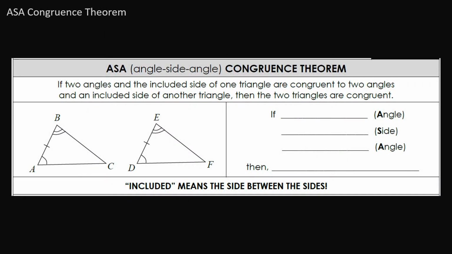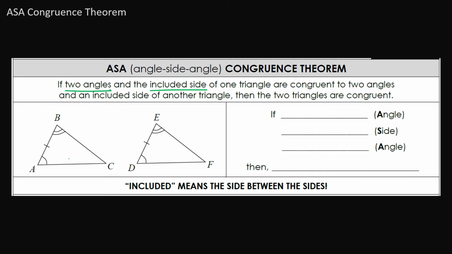The first theorem we're talking about is the angle side angle, or ASA, congruence theorem. Basically what this says is that if two angles and the included side of one triangle are congruent to two angles and the included side of another triangle, then the two triangles are congruent.